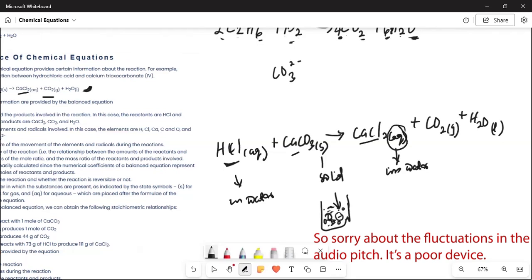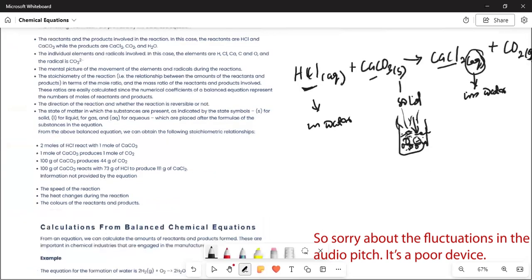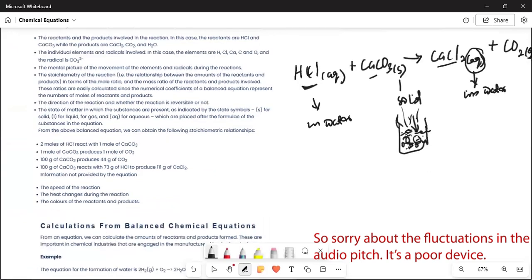Okay. Then carbon dioxide is a gas. As the reaction occurs inside this vessel, the gas will come out. It's coming out, so we need to indicate it as gas. Then the water is within this vessel also as the reaction occurs. And from the above balanced equation, we can obtain the following stoichiometric relationship.